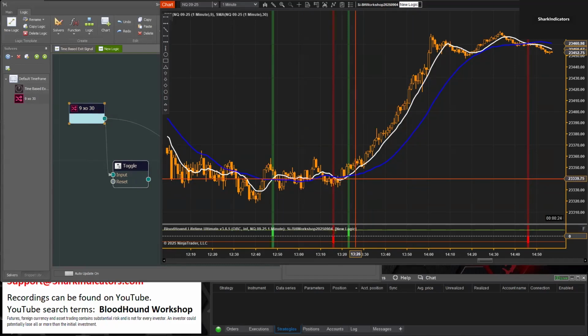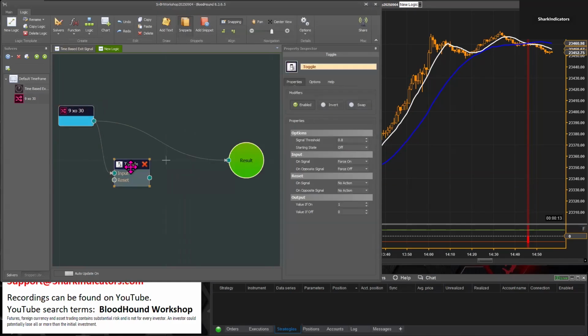The term signal is used very loosely here. This doesn't necessarily have to be a trade signal. Things going into the toggle node aren't trade signals, at least not yet. Usually after the toggle node you'll have some filtering, and then it becomes a trade signal.